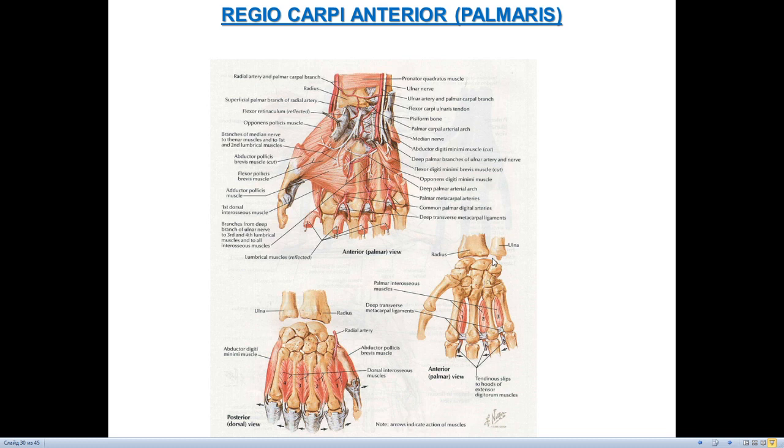Here form three canals: canalis carpi radialis, canalis carpi ulnaris, and canalis carpalis. Canalis carpalis is a place where pass 9 tendons: 4 tendons of musculus flexor digitorum superficialis, 4 tendons of musculus flexor digitorum profundus, and 1 tendon of flexor pollicis longus.